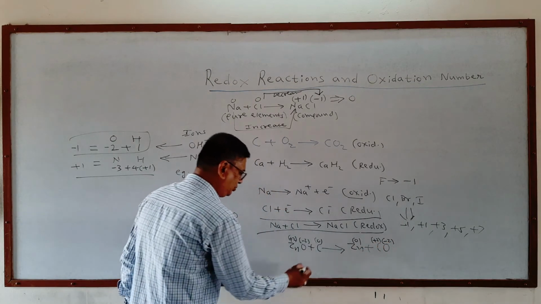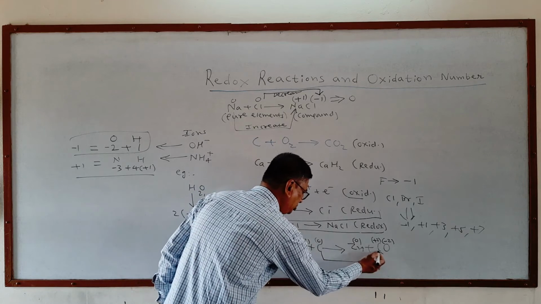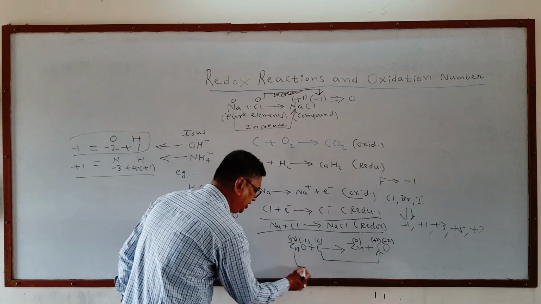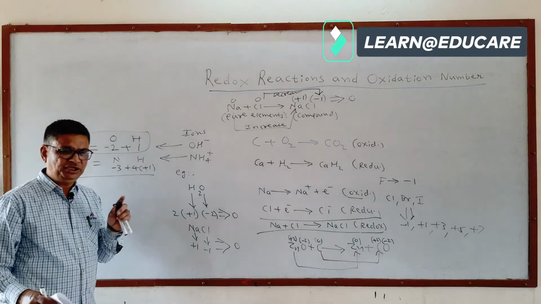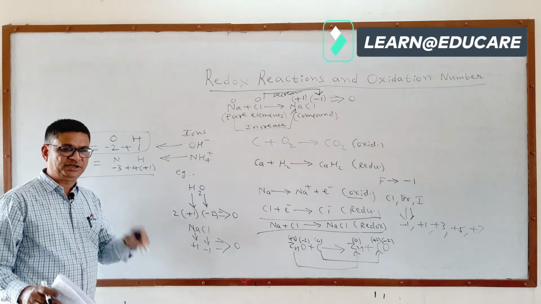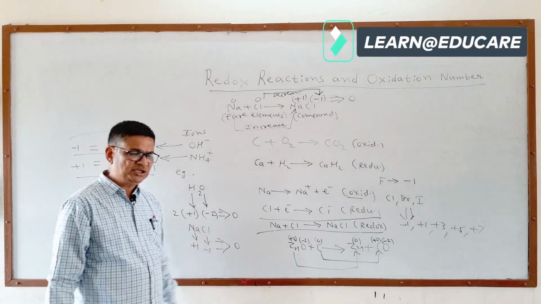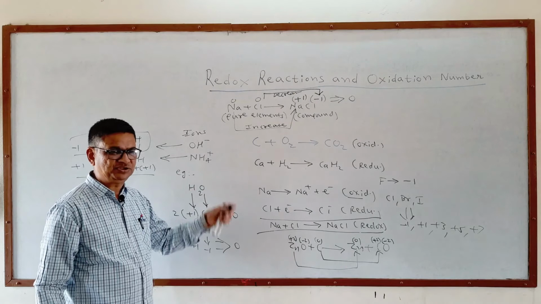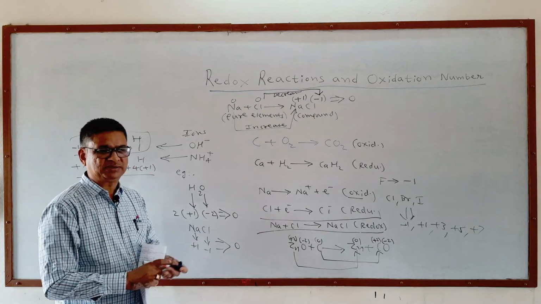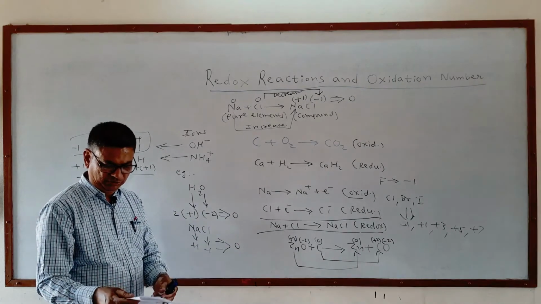Can you see, for carbon it changes from 0 to +2, meaning increase, for zinc however oxidation number decreases. So increase in oxidation number is oxidation reaction, decrease in oxidation number is reduction reaction, and depending on that, the oxidizing agent and reducing agent have their oxidation numbers decrease or increase respectively.